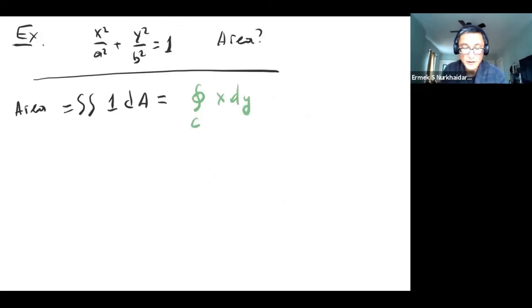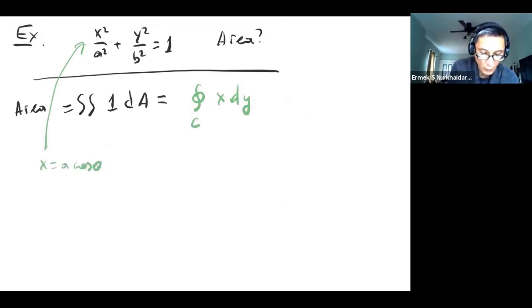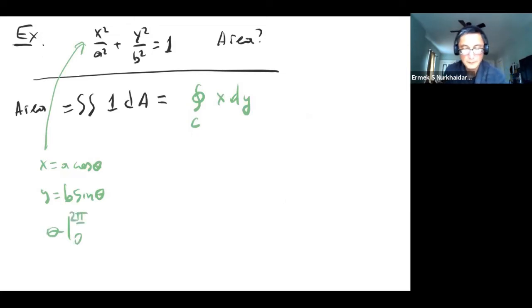And now our parameterization for that ellipse is going to be x equals a cosine theta, y equals b sine theta. Theta is a full circle from 0 to 2 pi. So do substitution.